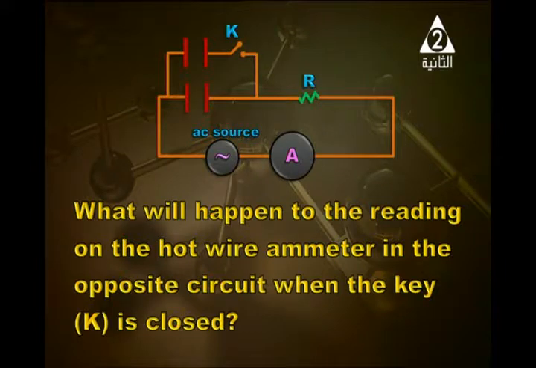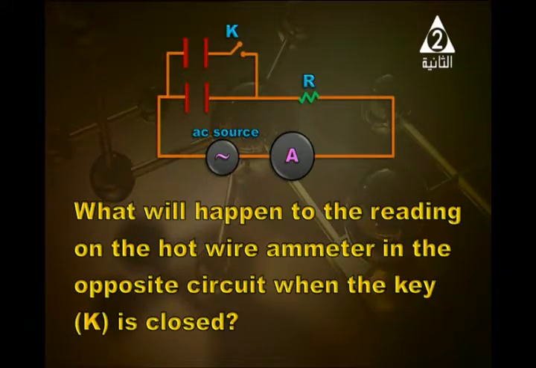What will happen to the reading on the hot wire ammeter in the opposite circuit when the key is closed? When the key is closed, we are connecting the second capacitor, and they are connected in parallel. So the capacitance will be increased, and when the capacitance increases, the capacitive reactance decreases.